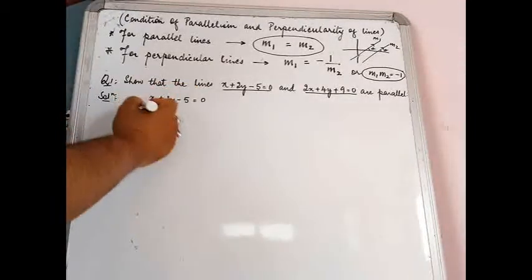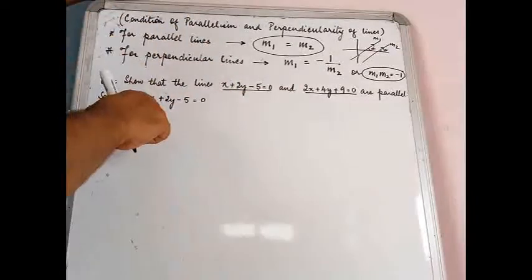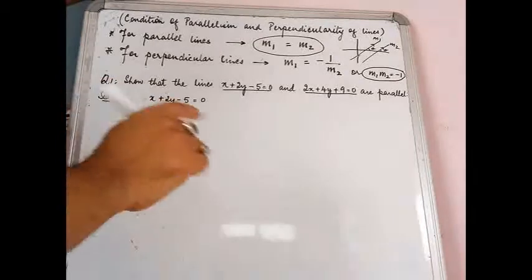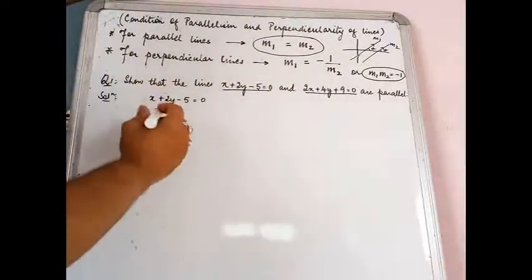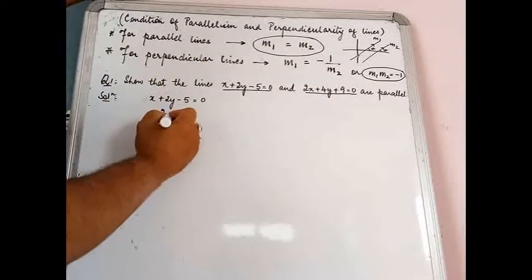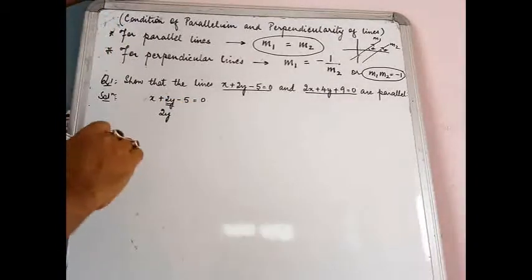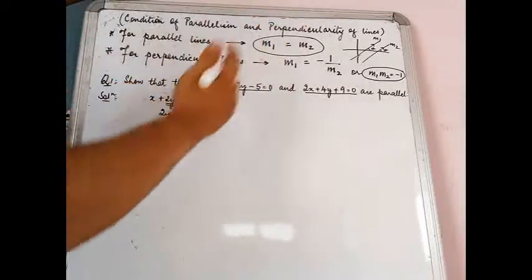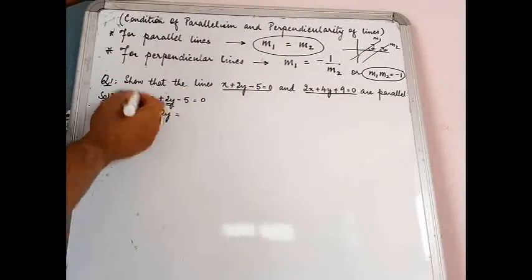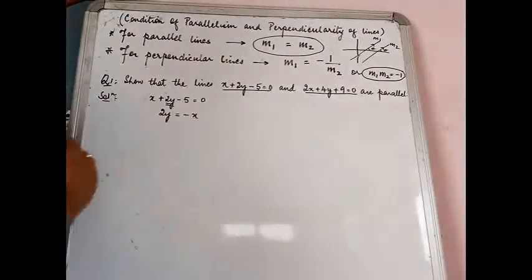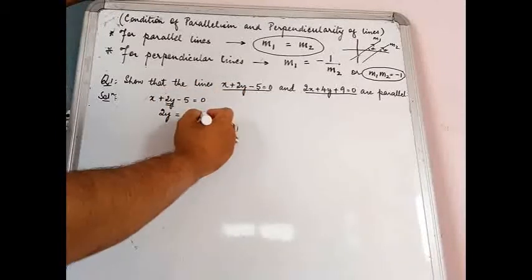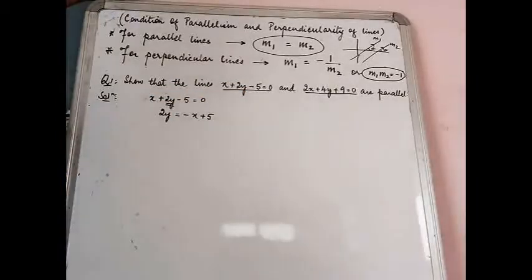In order to get the slope from this line, we will bring this into the y is equal to mx plus c form. So for that I will keep 2y on the same side, and we will take the other things onto the right side. So x goes to the other side, it becomes minus x, minus 5 goes to the right side, it becomes plus 5.